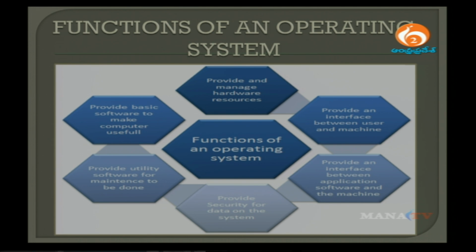Now I just want to tell you something about the functions of the operating system as per the flow chart. Remember that the most important role among the functions of an operating system is to provide and manage hardware resources.